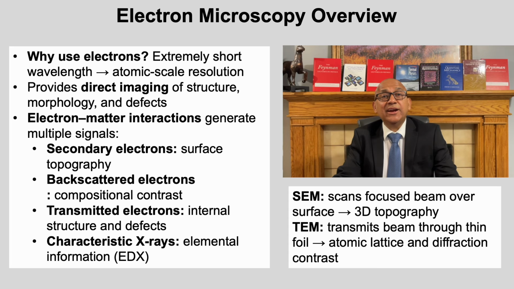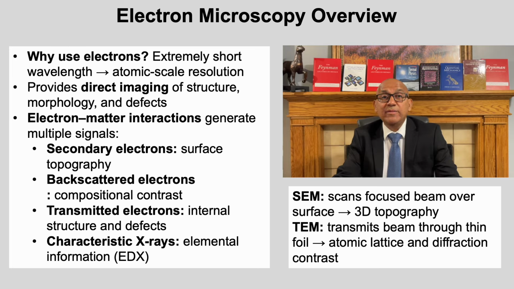While diffraction techniques like XRD average information from billions of atoms, electron microscopy gives us a direct, real space view of materials down to individual atomic columns. Because electrons have extremely short wavelengths, on the order of a few thousandths of a nanometer, they can resolve structure at the atomic level.